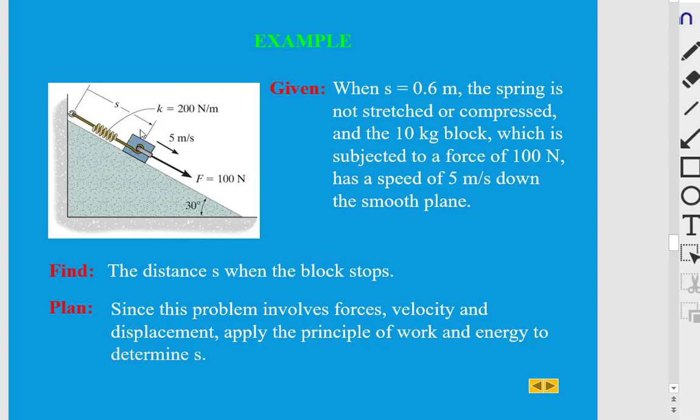State 1 is where it is right now, and the second state is when the block stops. When the block stops, we know the velocity is 0, but we don't know s. For the first state, we know what is given to us. So let's move to my notes and see how we can solve it.